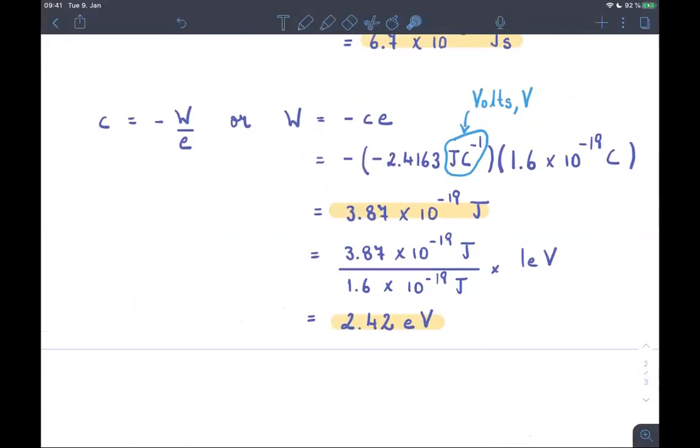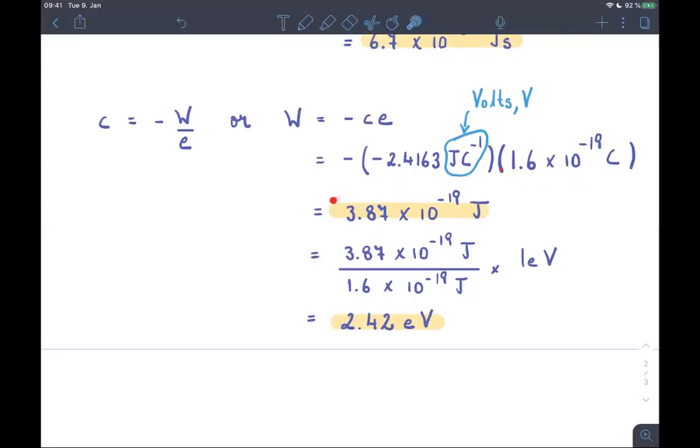Hence, we can also determine the work function for sodium. Again, all I've done was to substitute with the value for the y-intercept, which is a value in volts, which are equivalent to joules per coulomb, multiplied by the electron charge, which is in coulombs.